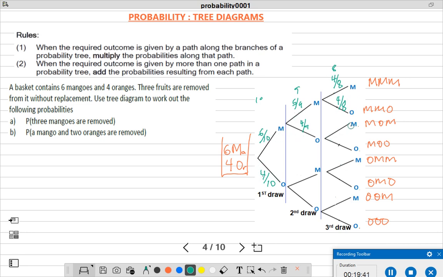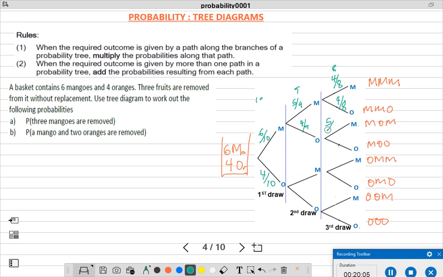Let us come to this one here. Now for this, that means you remove the first mango, then you remove the orange, then you are removing a mango. So we have 8 fruits, you should remember. But now for the mango, you already removed the first one, so out of 6, you remove the 1 here. For the second row, you just removed the orange, so you still have 5.